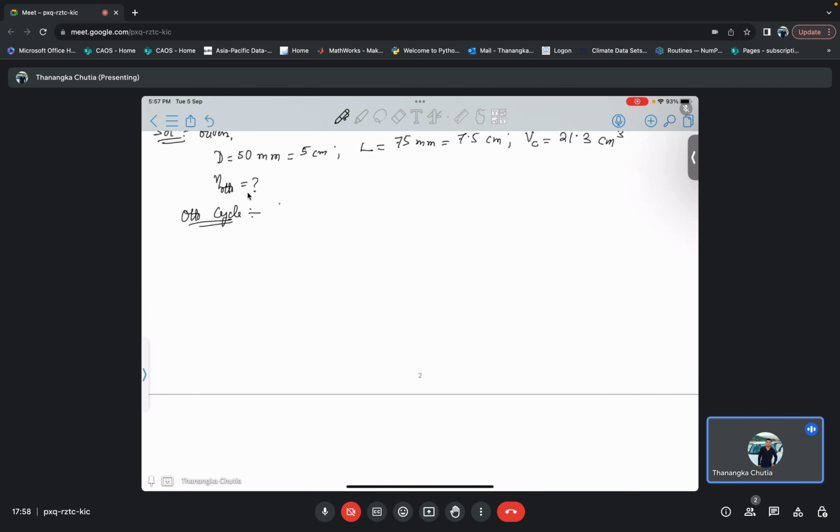The Otto cycle has 4 processes: 2 constant volume heat addition and rejection processes, and 2 reversible adiabatic, that is isentropic, compression or expansion processes. Reversible adiabatic is directly isentropic, so I should not write it again.